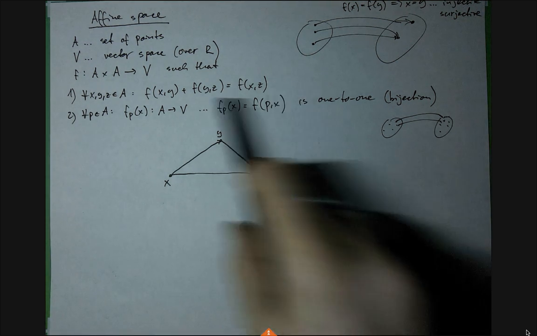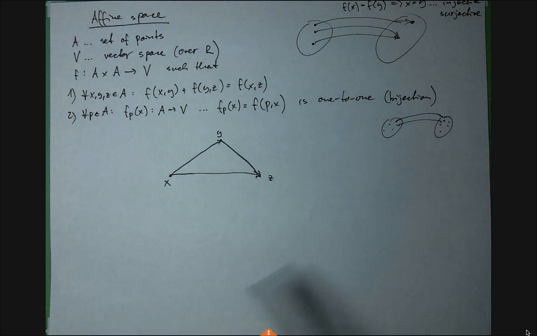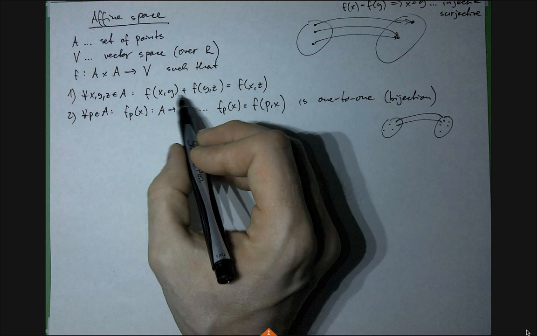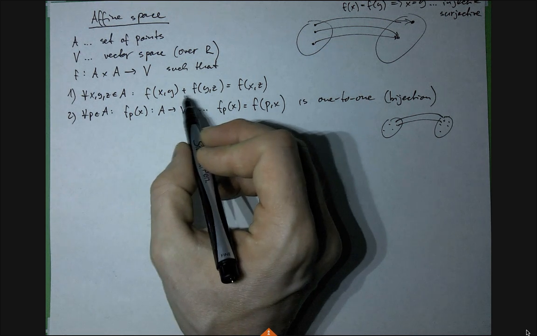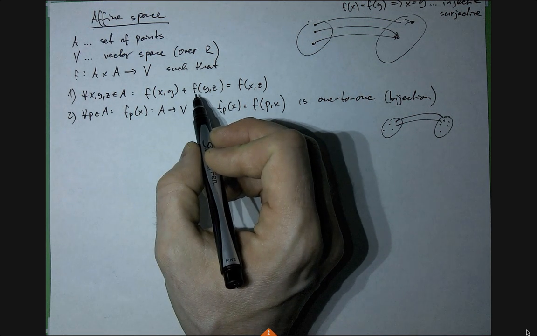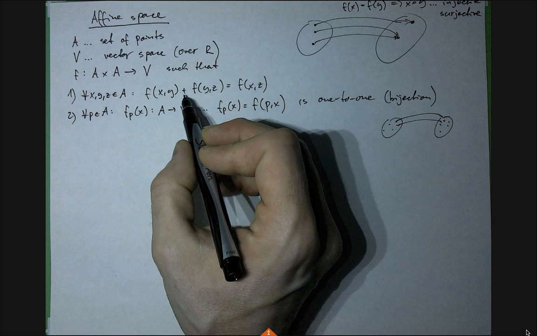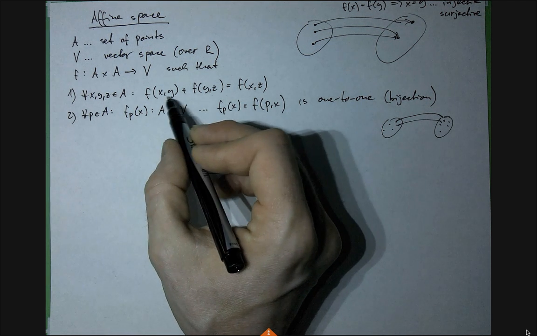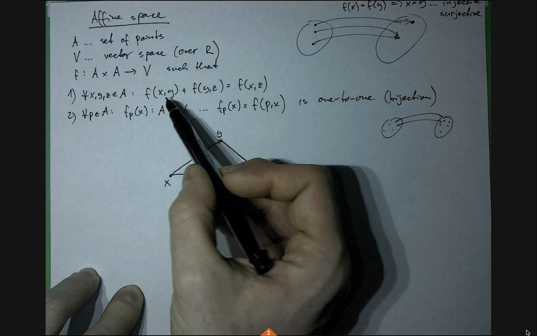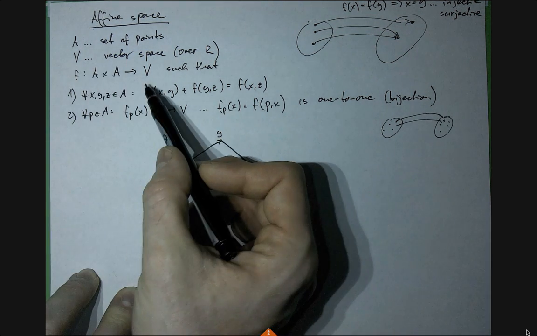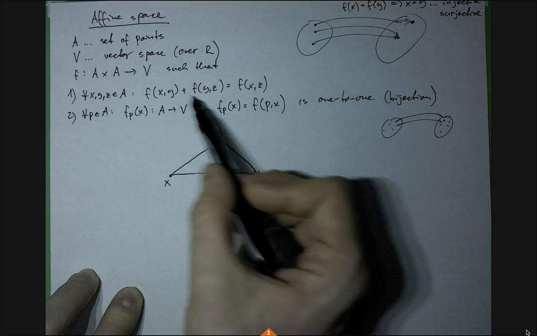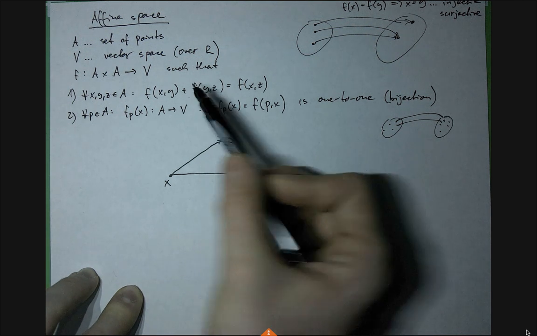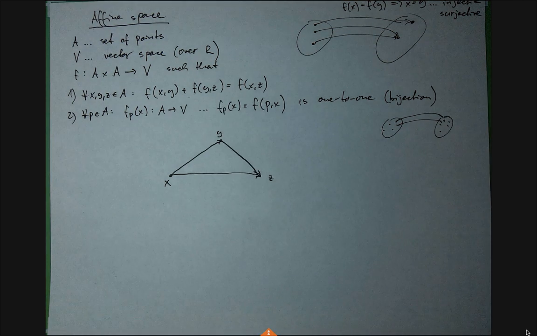So this basically says, if I am to interpret it, that vector addition, this plus here, again, if you're programming it, you would know what the types are, right? In this case, the type would be the standard vector space plus. And this number one property says that the function f, which assigns vectors to pairs of points, is in a sense compatible with the plus operation on the vector space.